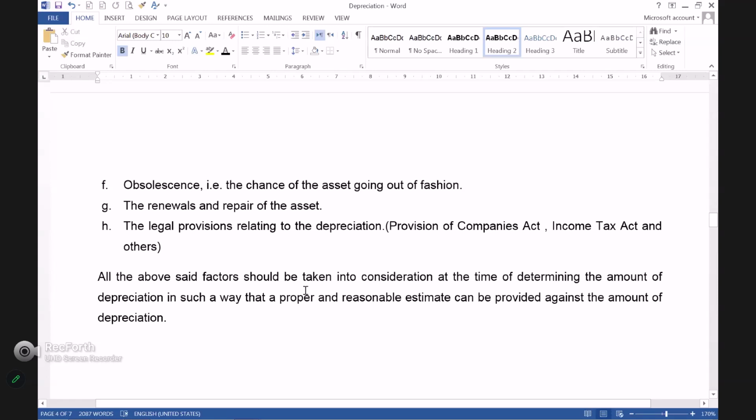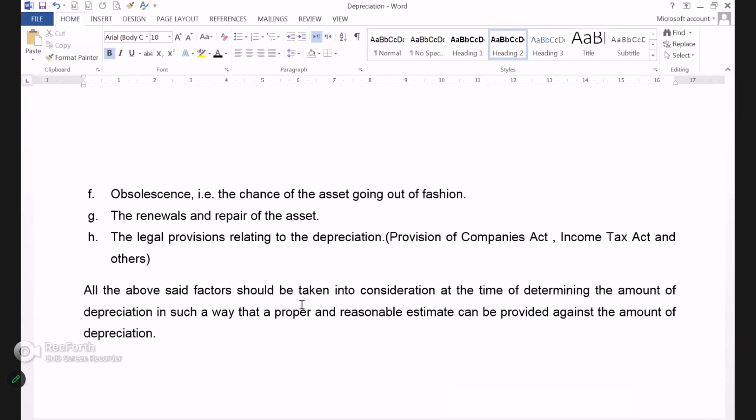Sometimes assets go out of fashion. The renewal or repair of the assets. Legal provision: the Companies Act, Income Tax Act, Inland Revenue Act. For financial accounting purposes, you know the calculation of the depreciation.